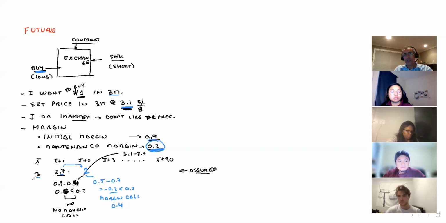Correct? Then the market says, this is creating an incentive for you to quit the future. So I compare my 0.9, my initial margin, minus the decrease in prices, 3.1 minus 2.7 is 0.4. So my margin now is only 50 cents.